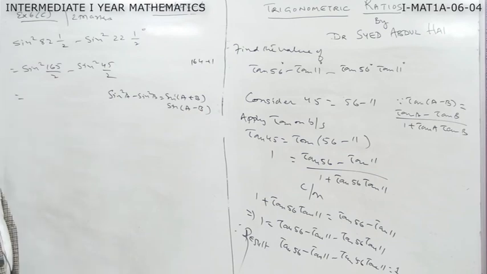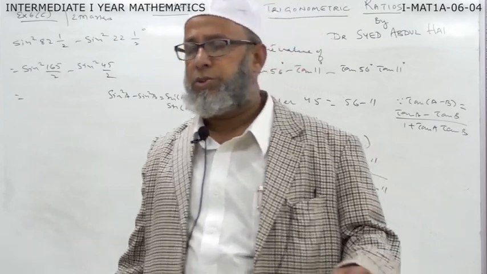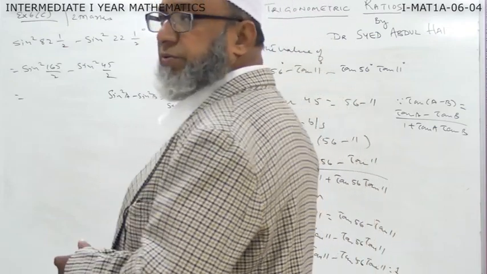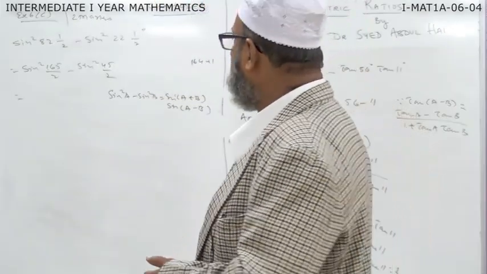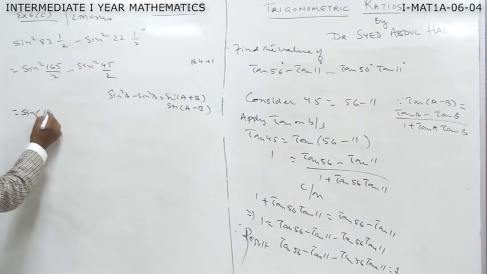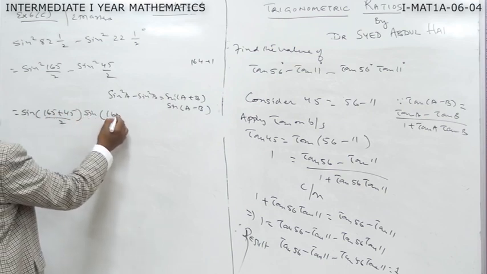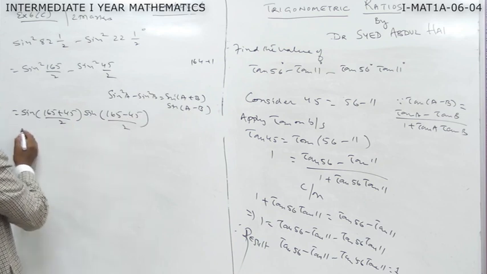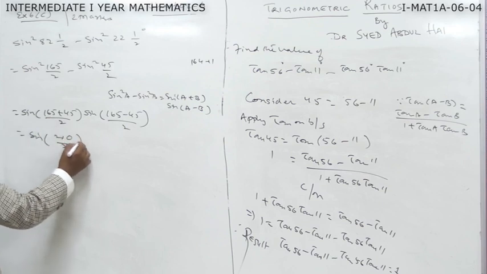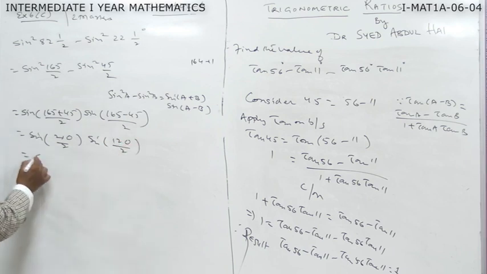Sin of A plus B into sin of A minus B equal to sin square A minus sin square B or cos square B minus cos square A. Therefore, it gives me sin of A plus B, 165 plus 45 is 210 by 2, into sin of A minus B, 165 minus 45 is 120 by 2.